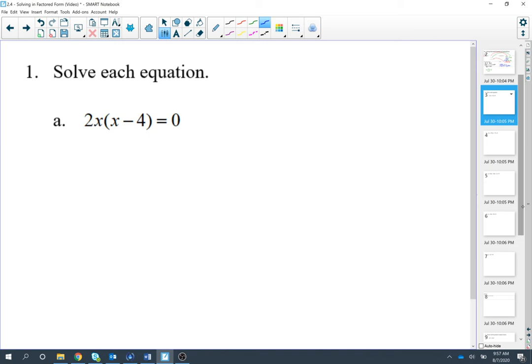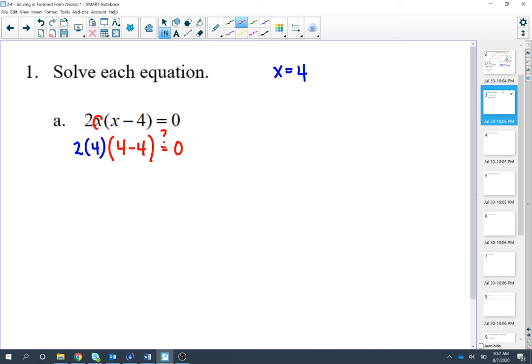Most of the time when I do this with students, they go, oh, I know, x could be 4. And I say, okay, let's try it. x is 4. Well, that would give me 2 times 4 times 4 minus 4 equals 0? And I put a question mark because we're just trying it.